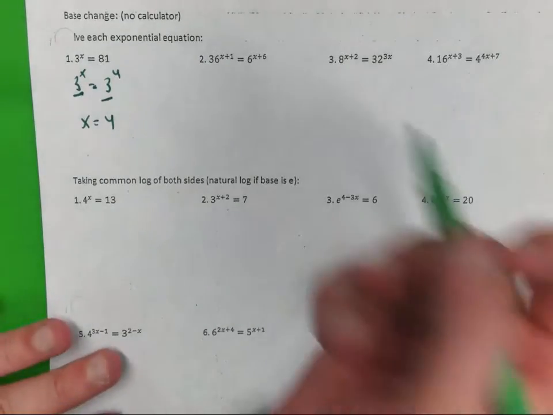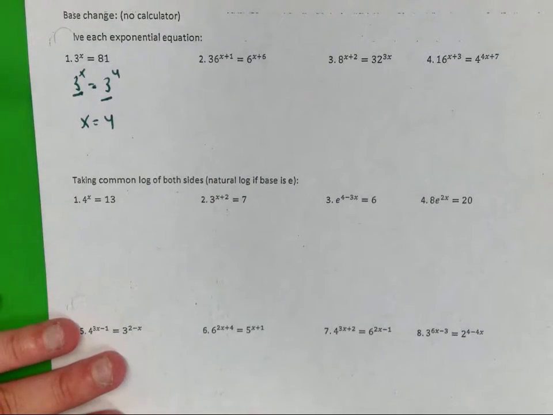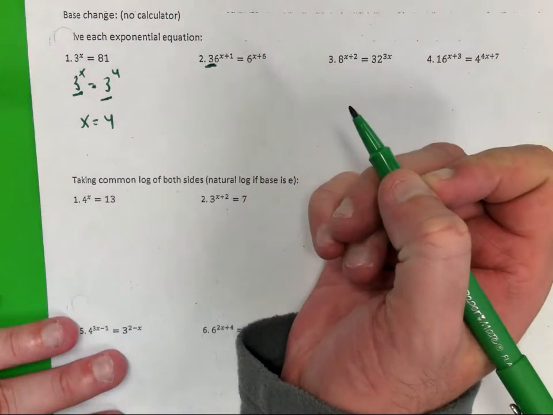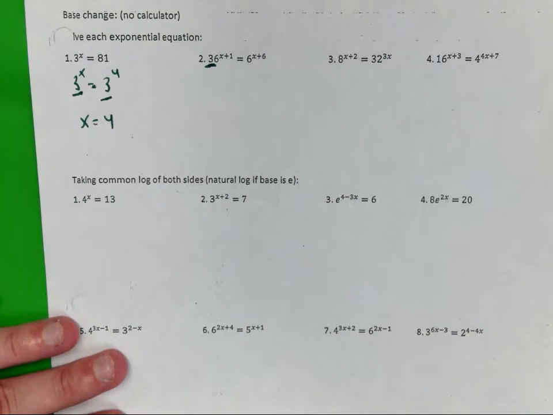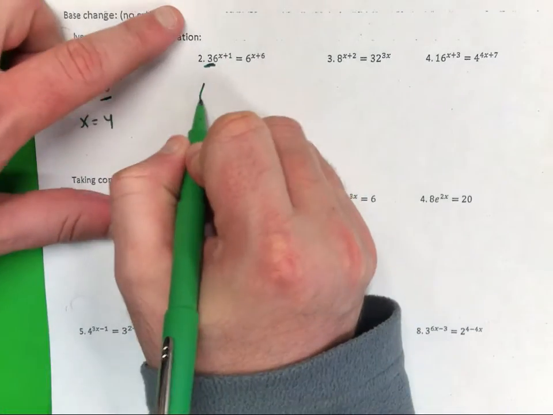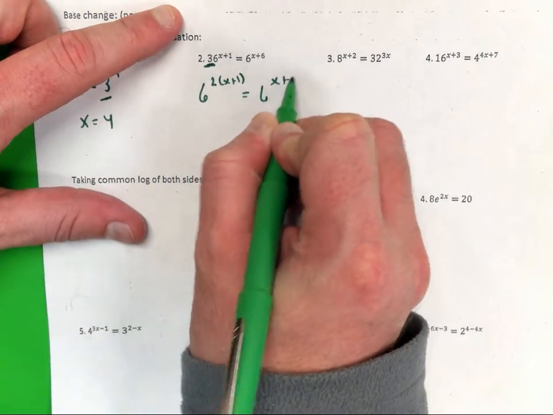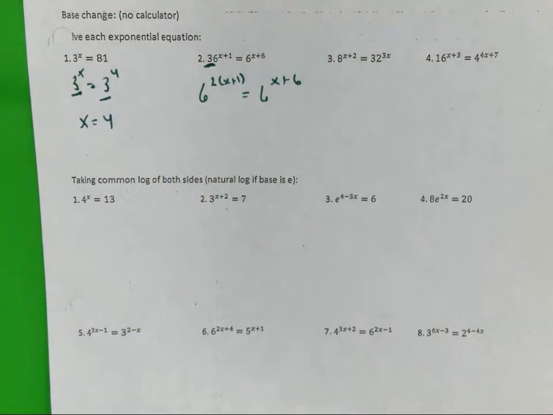Alright, number 2. Which one would I get the base to be the same? 6 or 36? I'm going to try to break this down to 6, aren't I? Because what is 6? What is 36? So watch how I write this. Now sometimes you have to change both bases.